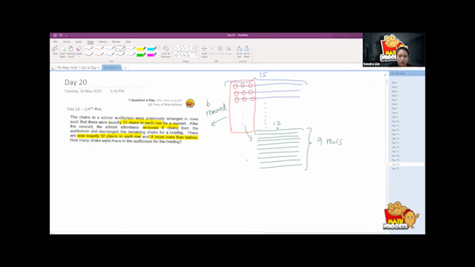Okay, so what can we find first? We can start off from the ending part here first, this part here. Yes, the 12 chairs in a row, 9 rows. So that's 108. So this part here, 108 chairs.